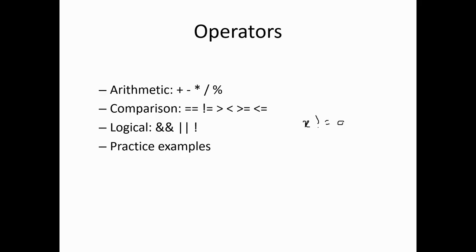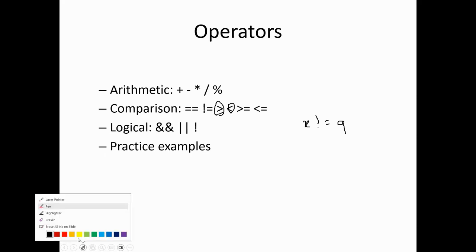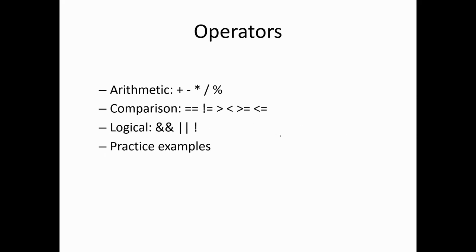It was equal to 6. And then this operator here and this operator here are greater than and less than. And then the operators next to them are greater than or equal to, and less than or equal to.